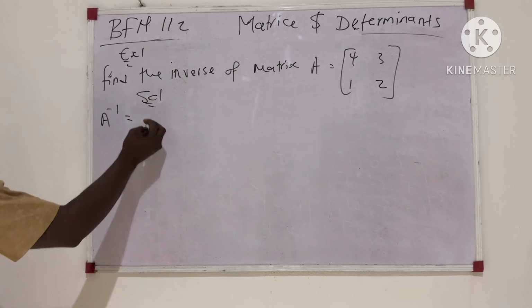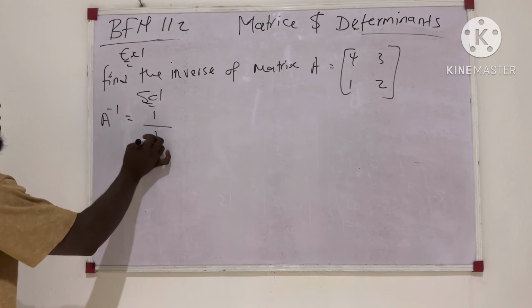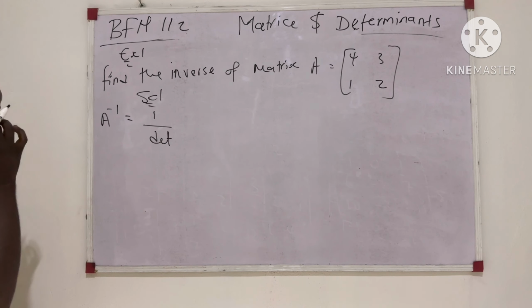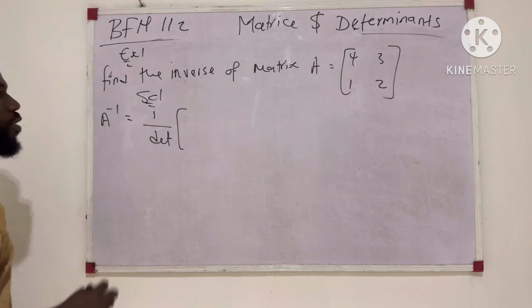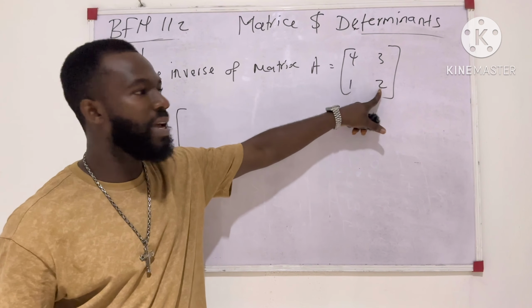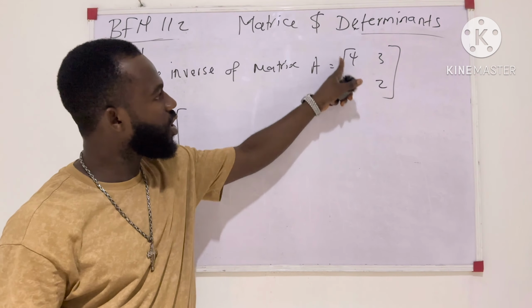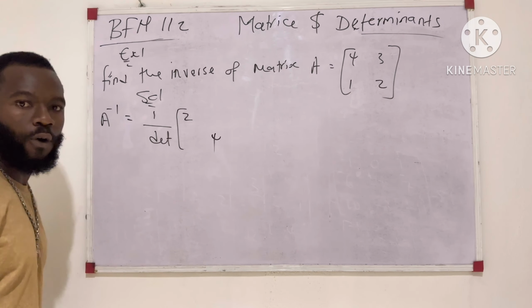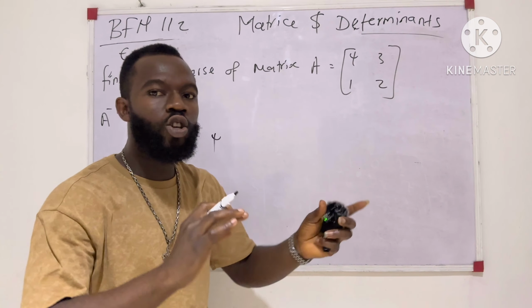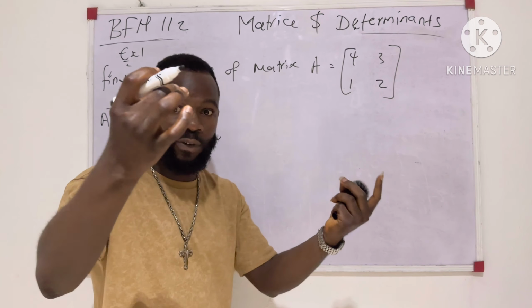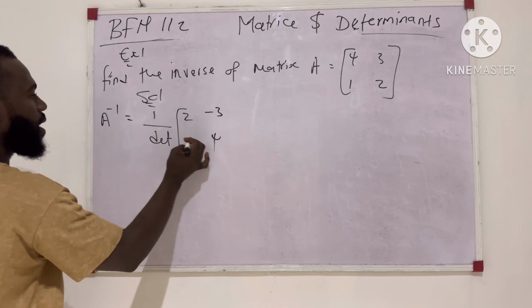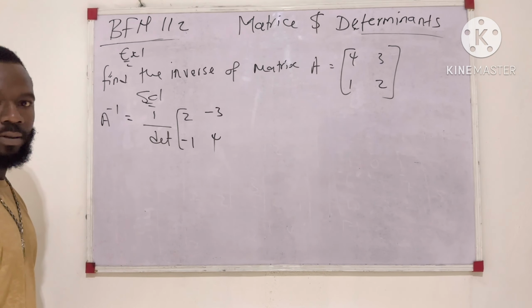This is what you do when you are solving the inverse of a 2 by 2 matrix. It becomes 1 over determinant, follow me please, 1 over determinant, into the matrix of, now you see these two elements here, they swap, so here becomes 2 and here becomes 4. Now these two elements do not swap, but you give them negative signs, so here becomes -3 and here becomes -1.